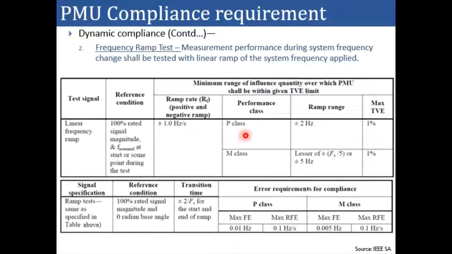In both of the cases, for P class the ramp range is plus minus 2 Hz and for M class the ramp range is lesser of plus minus frame reporting rate by 5 or plus minus 5 Hz, and in both of the cases total vector error should be 1%. Now when we compare the frequency error and the rate of change of frequency error, for M class it is 0.005 Hz and 0.1 Hz per second.